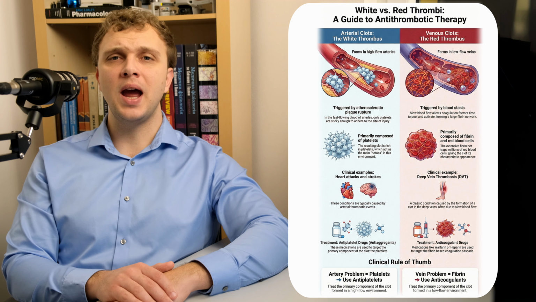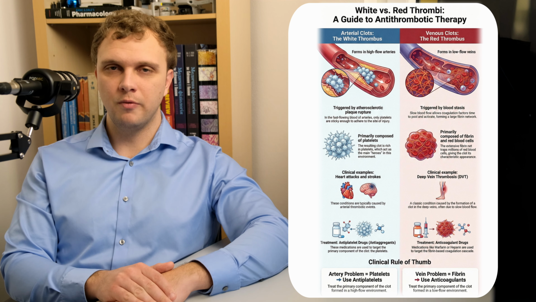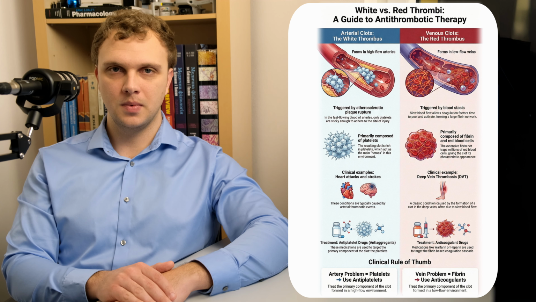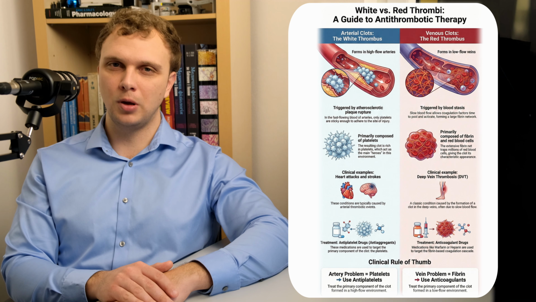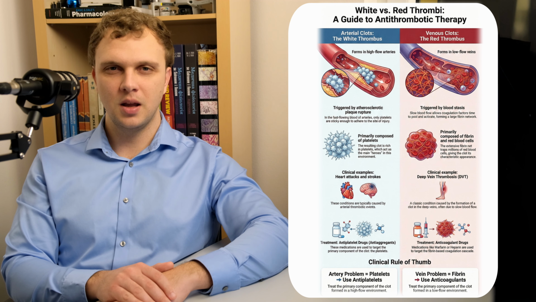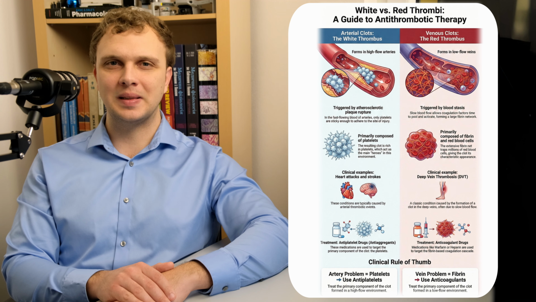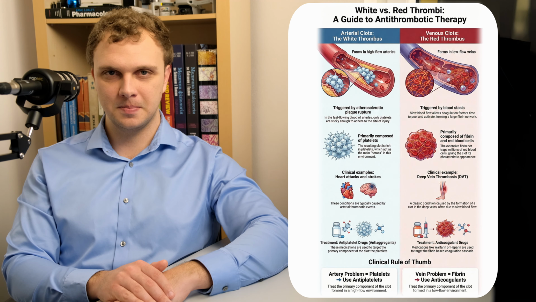Second, we have the red thrombus, which forms in veins. In veins, blood flows slowly. This gives coagulation factors plenty of time to pull together and build a massive fibrin net that traps millions of red blood cells.